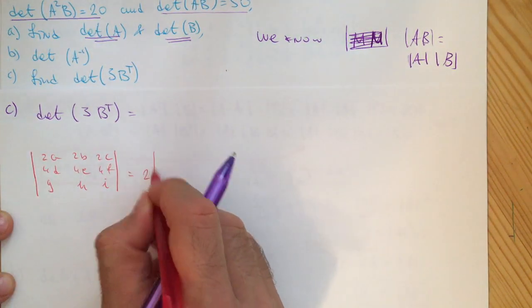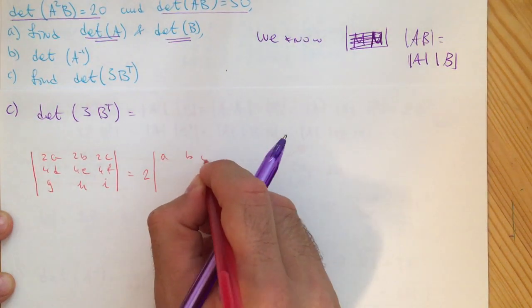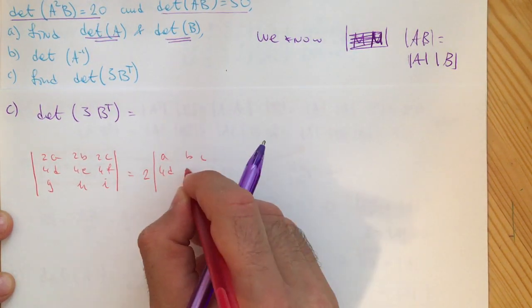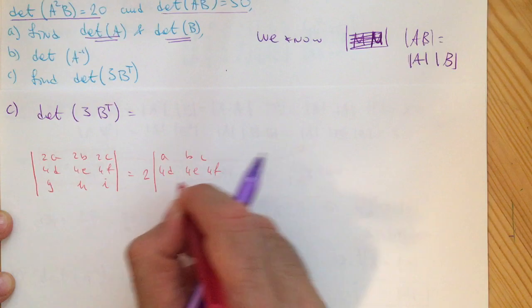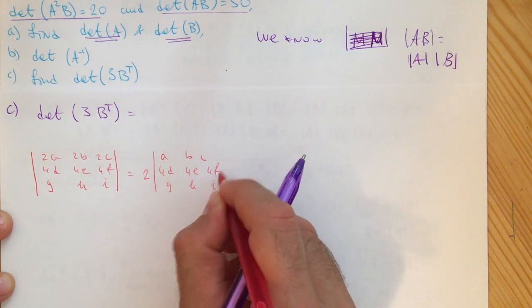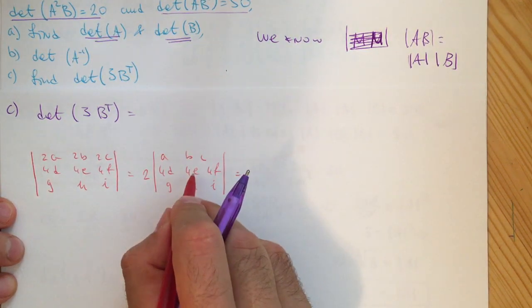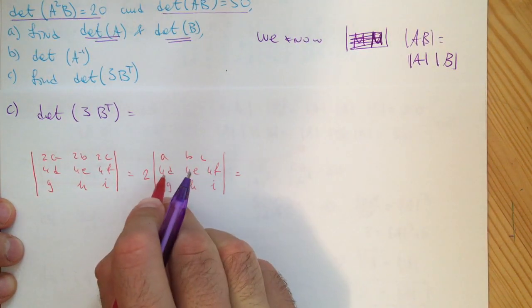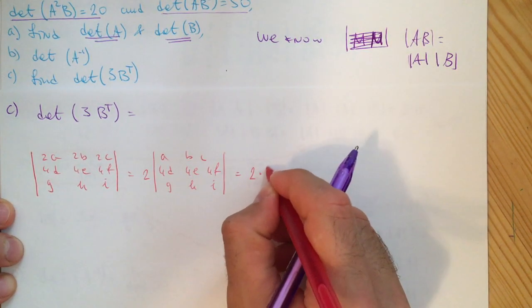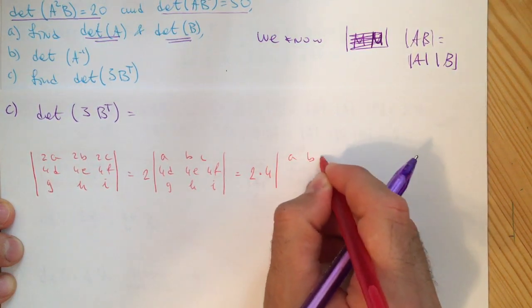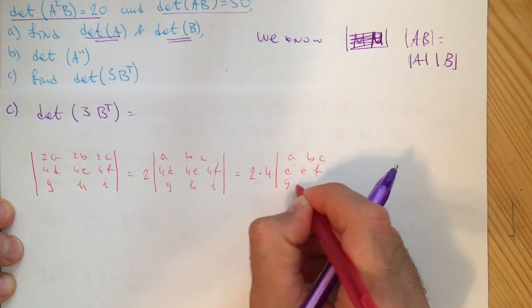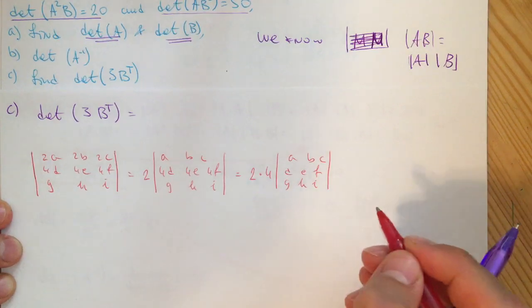So this would be 2 times the determinant of A, B, C, 4D, 4E, 4F, G, H, I, right? And then if I want to factor 4 from the second row, I would get 2 times 4, and then A, B, C, D, E, F, G, H, I, okay?